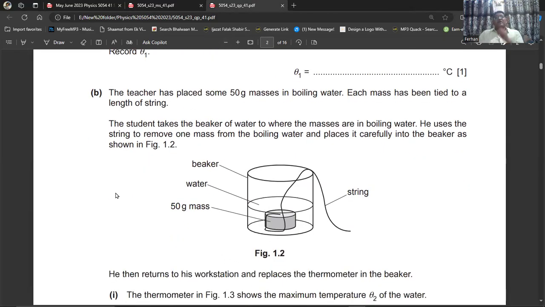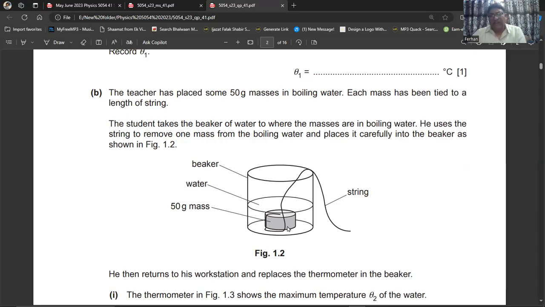So the B part. The teacher has placed some 50 gram masses in boiling water. Each mass has been tied to a length of string. The student takes the beaker of water to where the masses are in the boiling water. He uses the string to remove one mass from the boiling water and places it carefully into the beaker as shown in figure 1.2.